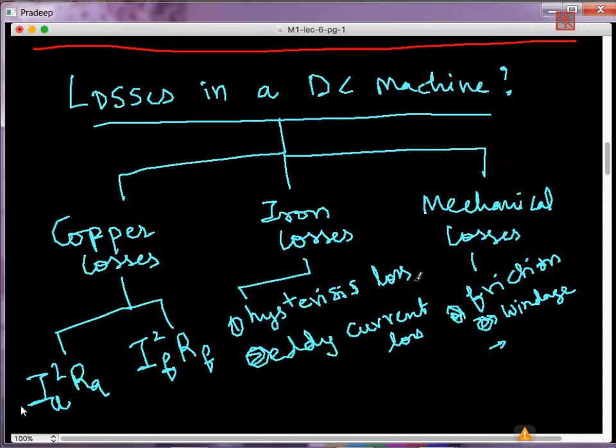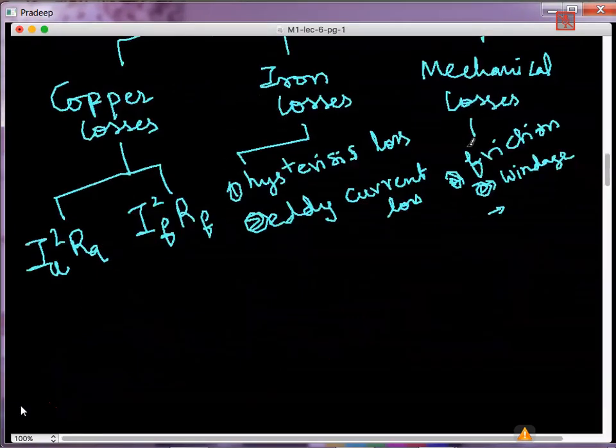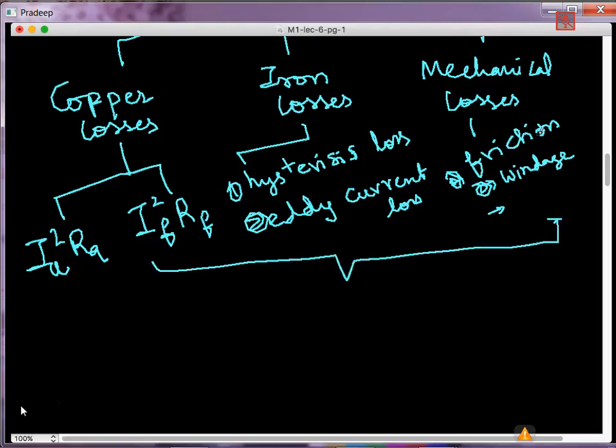So what we can do is define something as constant losses. I can define the total losses. The mechanical losses are constant, iron losses are constant, and losses in the magnetic field, if the field current is constant, are also constant.